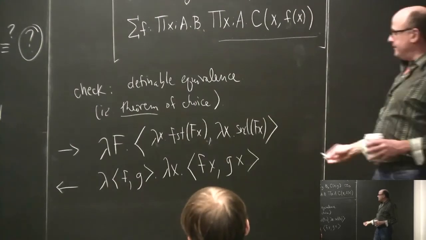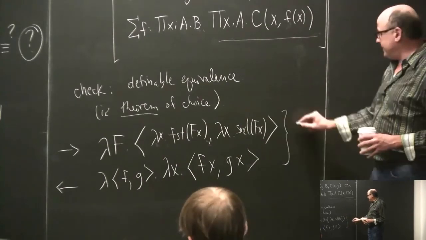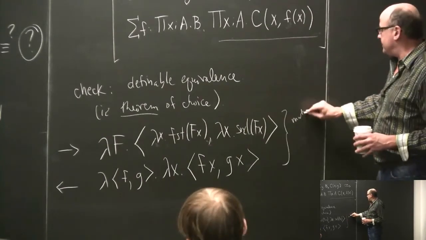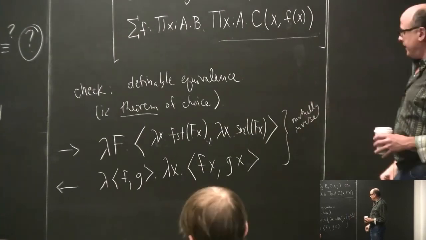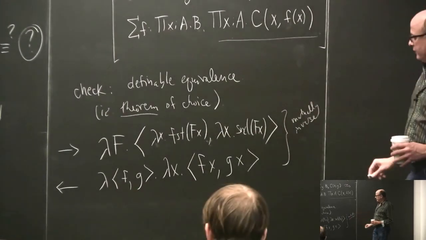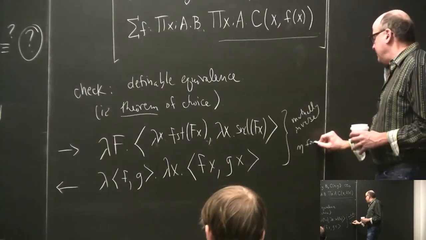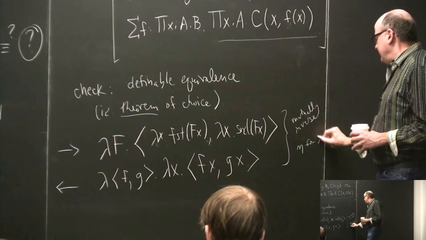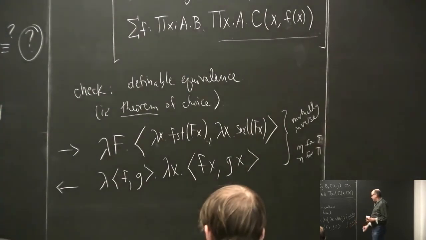Okay, and then you can check that these are mutually inverse, so that you can find the right identifications to justify that we have an equivalence. You'll need eta for products, and you'll need eta for pies. Well, for sigma, really, and for pies.